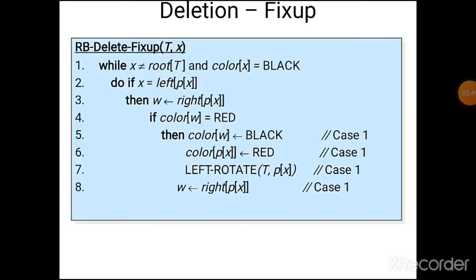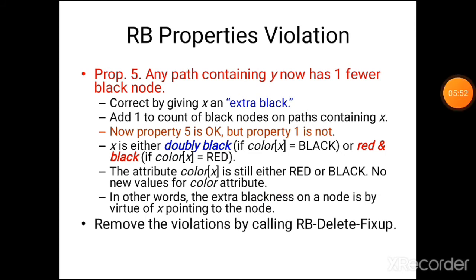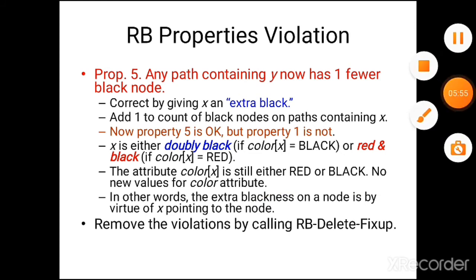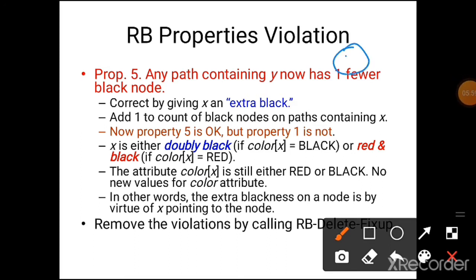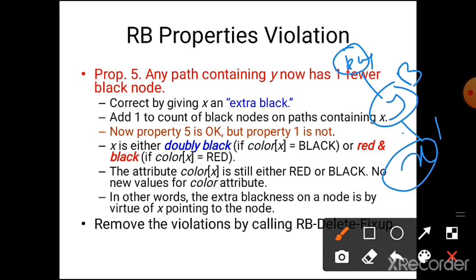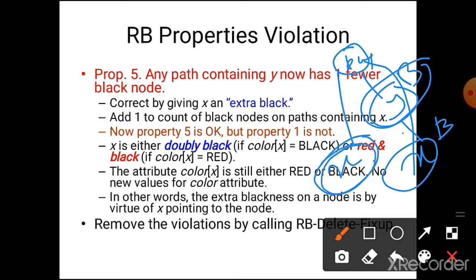We correct it by giving an extra black color to the x node, because here if this is py and y is black and x is red or black, if we remove y, we are providing x as the child of py. So the number of black nodes here is reduced, so we put an extra black color on this x node, so it is extra black, and it is known as doubly black.